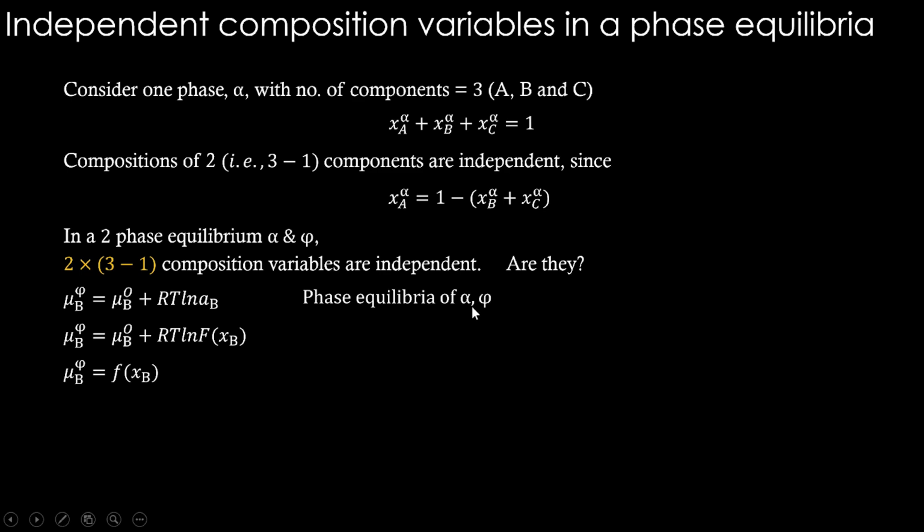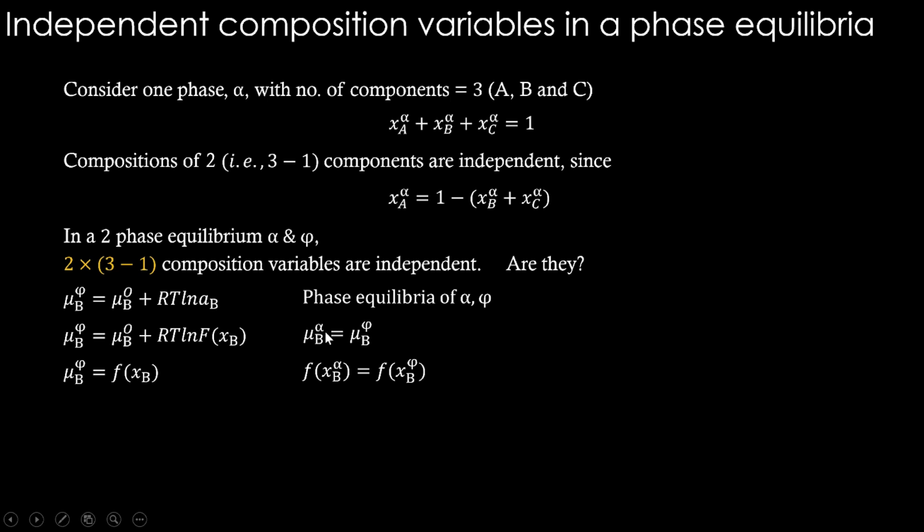Then if we say alpha and phi are in equilibrium, we need the chemical potential of B in alpha to be equal to the chemical potential of B in phi. This is a function of XB alpha, and this is a function of XB phi. So in case XB alpha changes, then mu B alpha will change accordingly. If mu B alpha changes, then mu B phi should change accordingly because these two are equal.